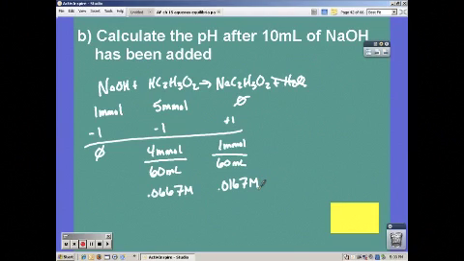So we can do Henderson-Hasselbalch to find our pH. Make sure you get molarity first, though. So you need to find your pKa.